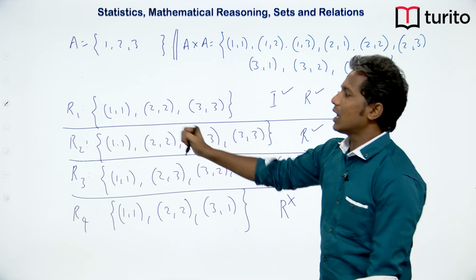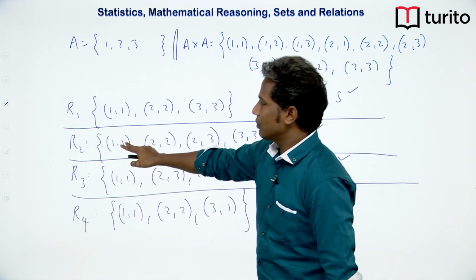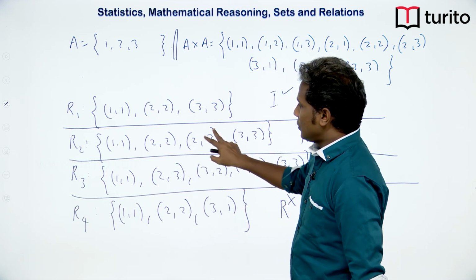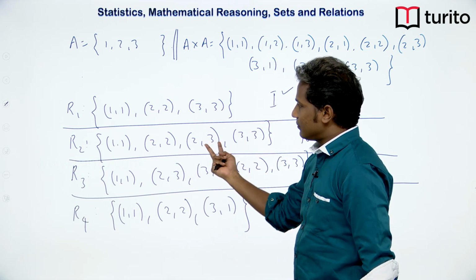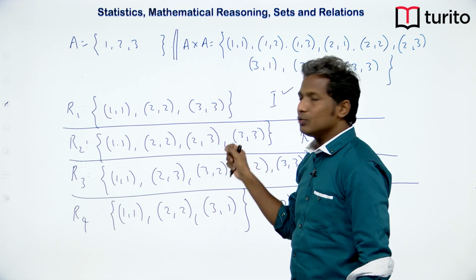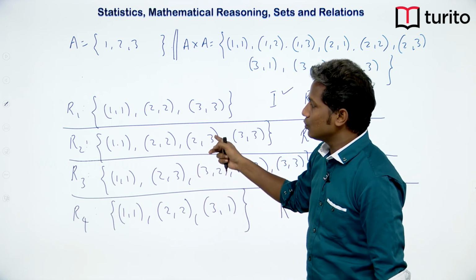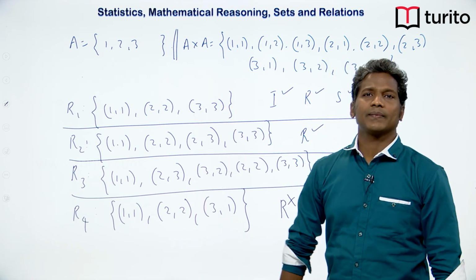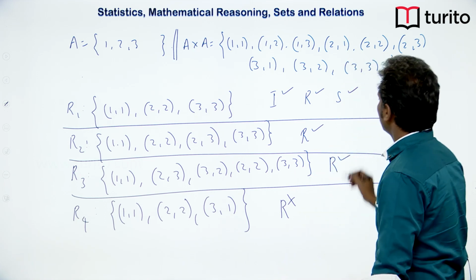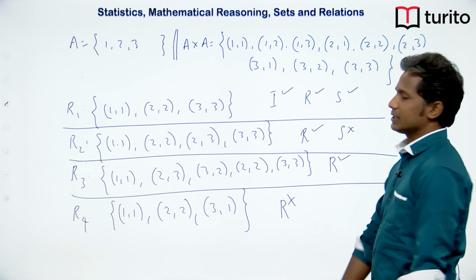Now, similarly, if you check R2: 1 comma 1 makes it symmetric, 2 comma 2 makes it symmetric, but 2 comma 3 has different input and output. So, for this relation to be symmetric, 3 comma 2 also must be present. Is 3 comma 2 present here? No. So, this is not a symmetric relation.